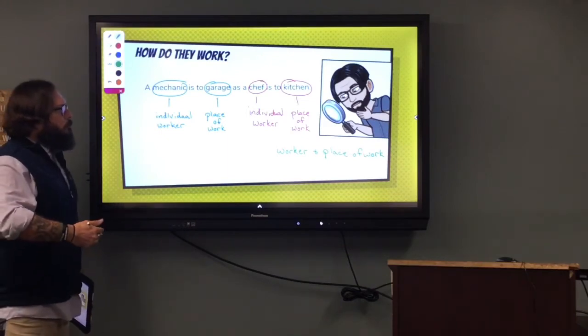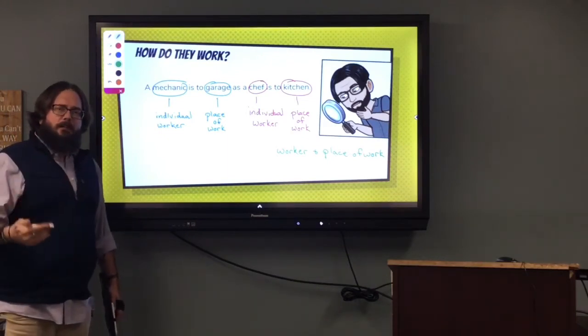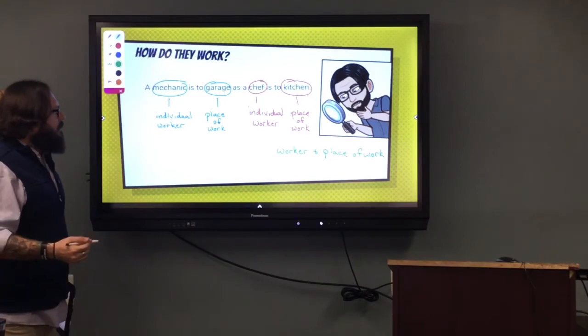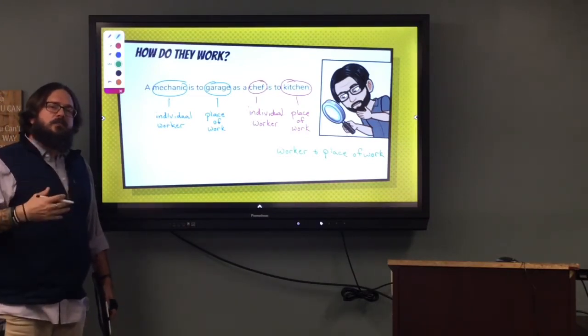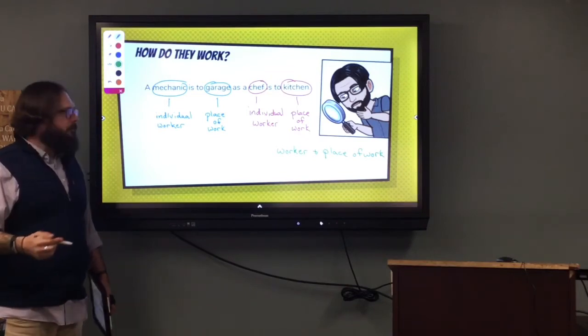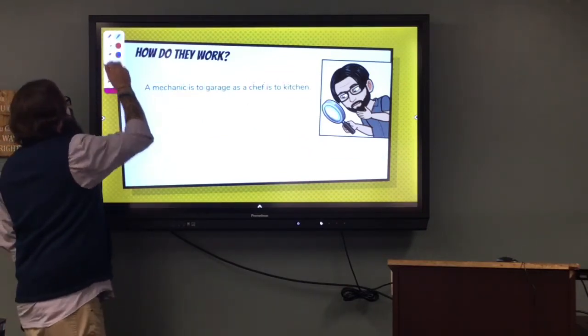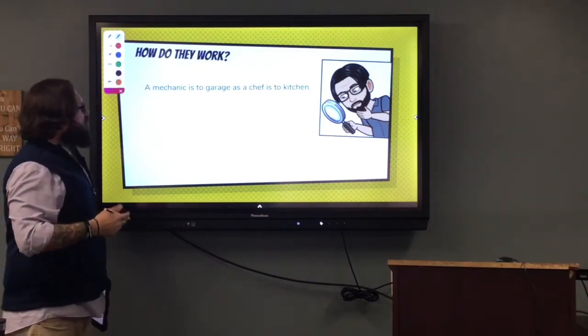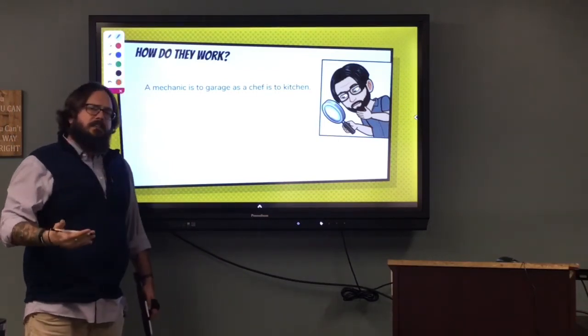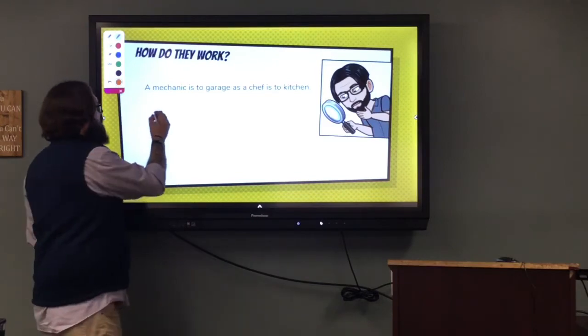Now, before we move on to the types of analogies, there is a shorthand way that analogies will be written. So, a mechanic is to garage as a chef is to kitchen can be written like this.